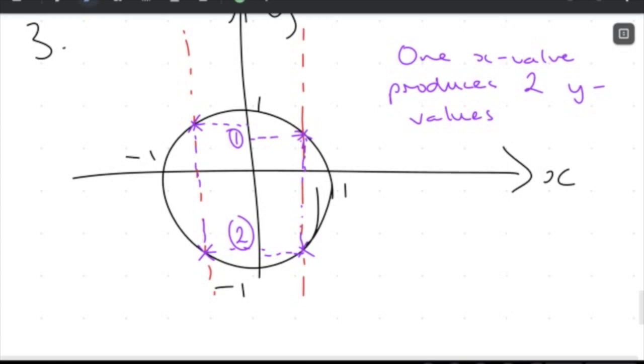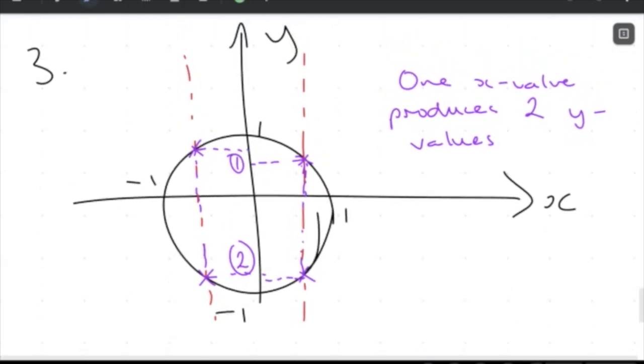They're relations. We're always going to have this idea of an ordered pair, so an x and a y. But for it to be a function, we need to have a 1-to-1 thing going on here. So 1x value has to produce just 1 y value. If it produces more than 1, or in other words, if it fails this vertical line test, it passes through the graph 2 times, this is not a function.